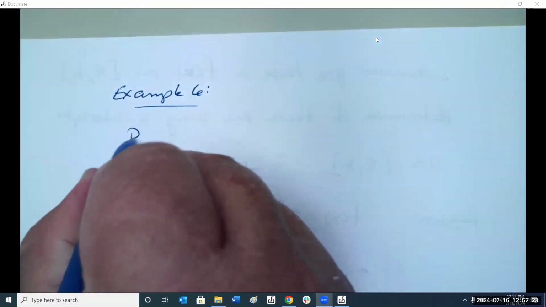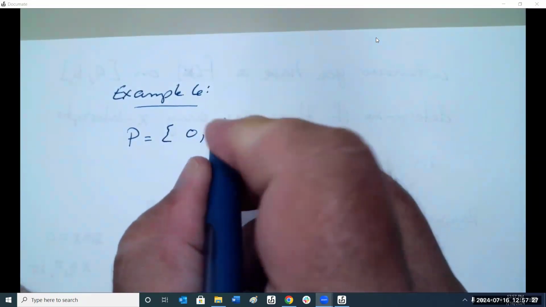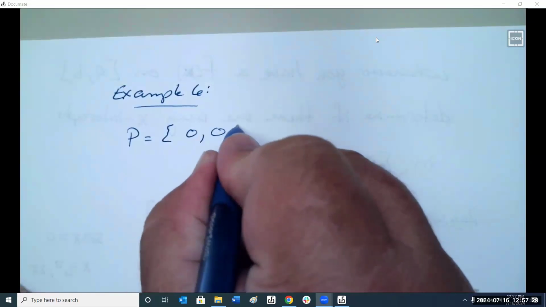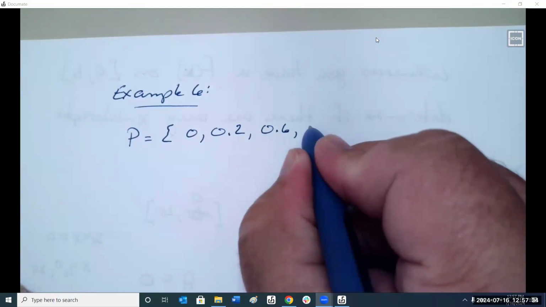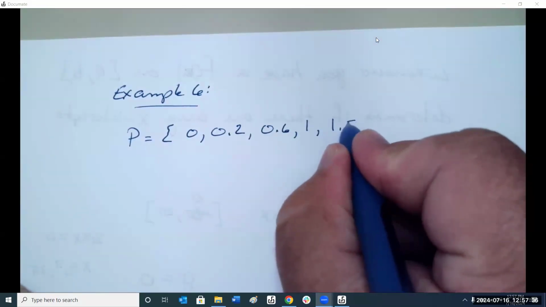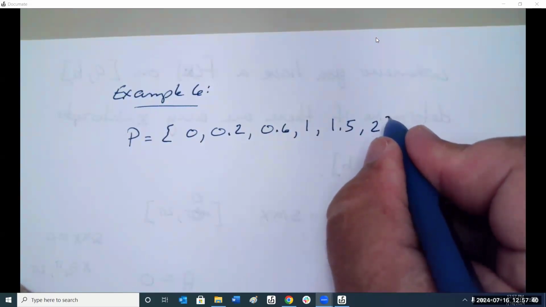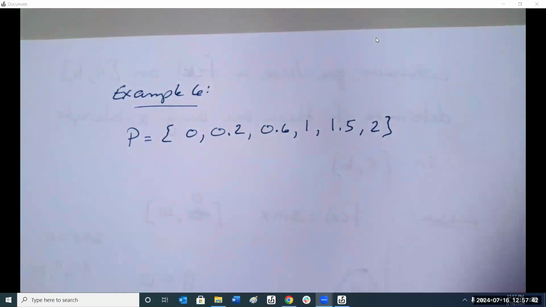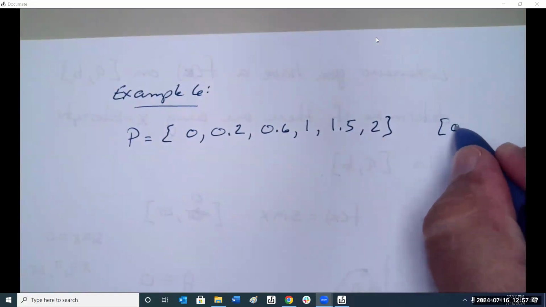Example 6. Here's our set of partitions: 0, 0.2, 0.6, 1, 1.5, and 2. It's a partition of our interval 0 to 2.